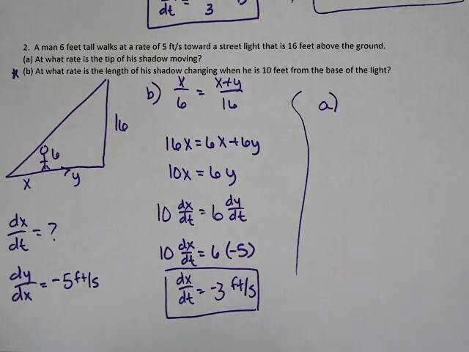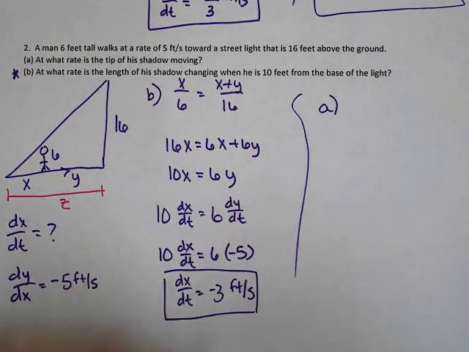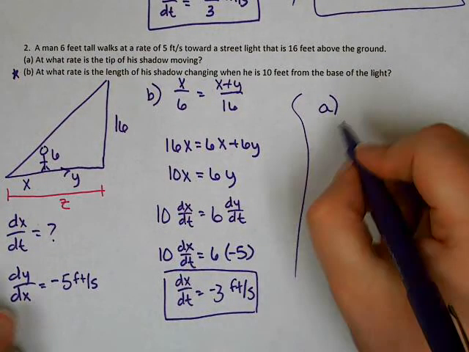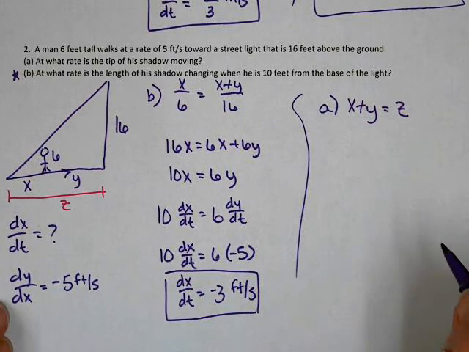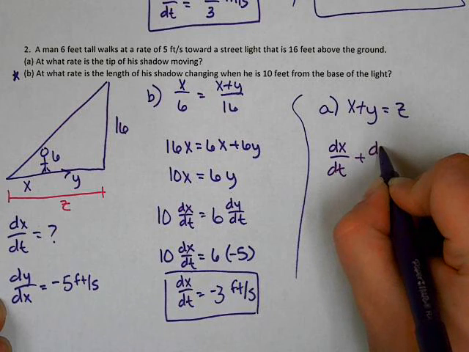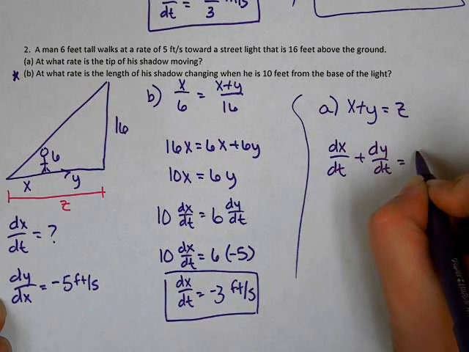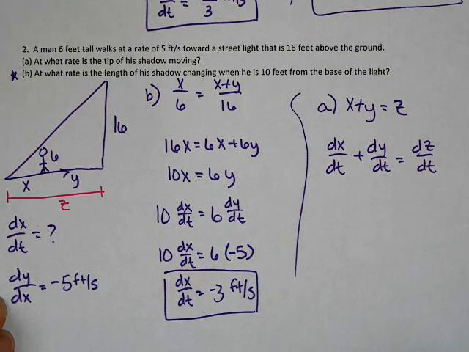So again, we're going to say that this whole distance here is z. We know that x plus y is equal to z. We can take the derivative, dx/dt plus dy/dt is equal to dz/dt.